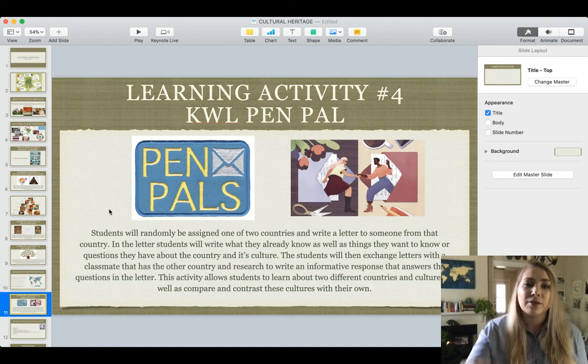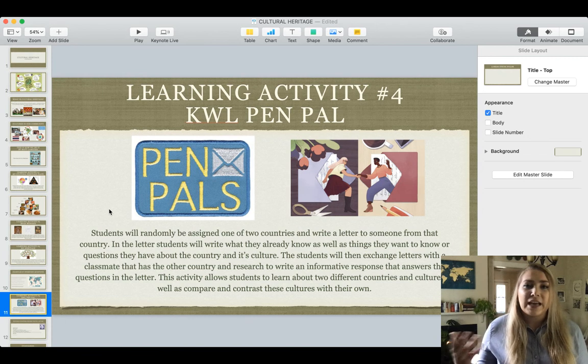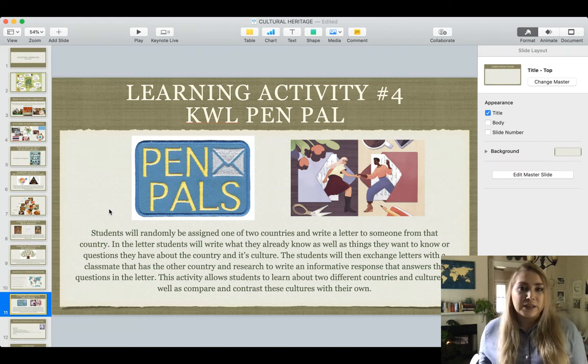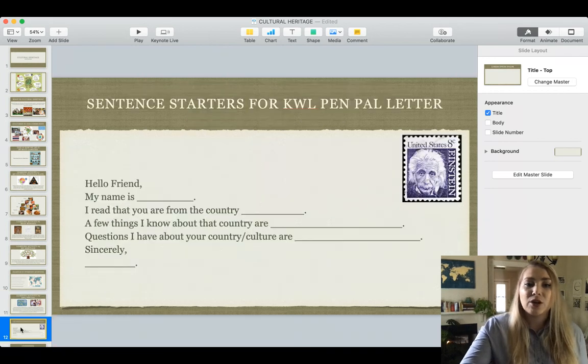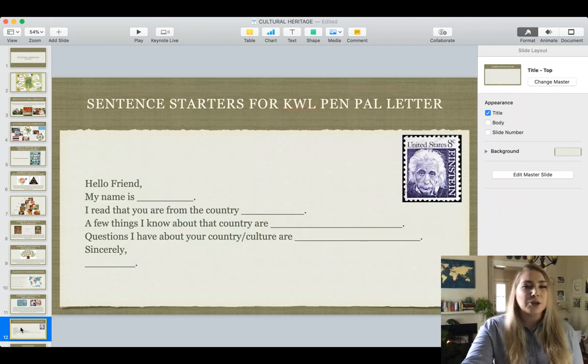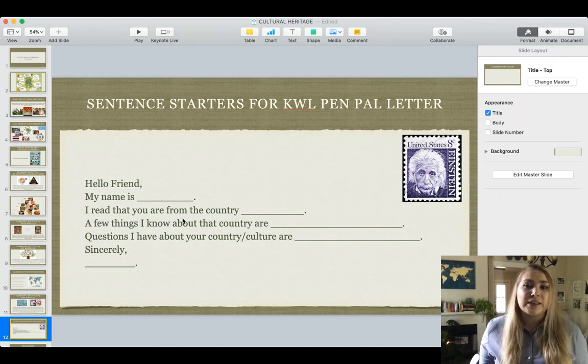For my fourth learning activity, it's called KWL Pen Pal. So it's kind of a partner activity. Students will randomly select one of 2 countries. They will write a letter to a person from that country. They will say what they know about the country, what they wonder about the country, and then they will exchange it with a classmate who has the opposite country.